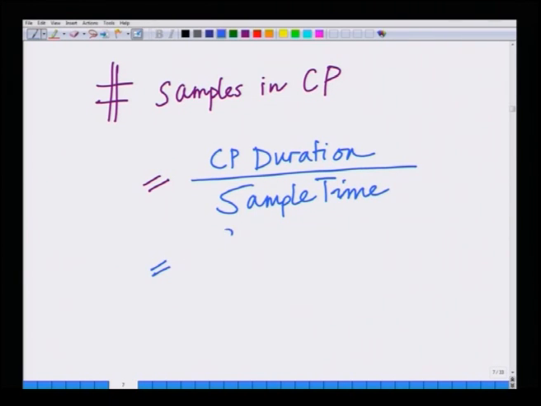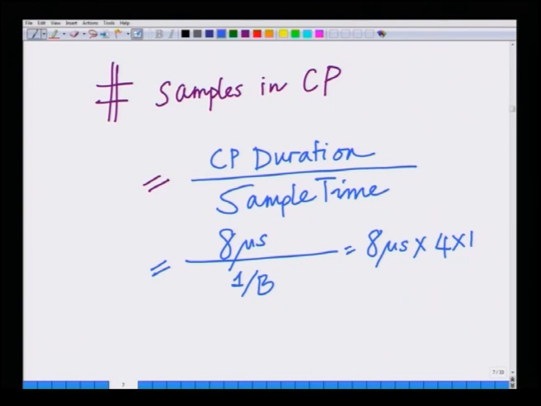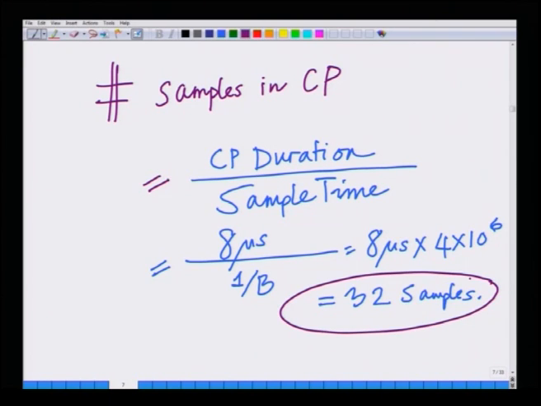CP duration we saw is 8 microseconds, sample time is nothing but 1 over B, where B is 4 megahertz. Hence, this is 8 microseconds into 4 into 10 to the power of 6, which is nothing but 32. Hence, total number of samples in CP equals 32 samples.